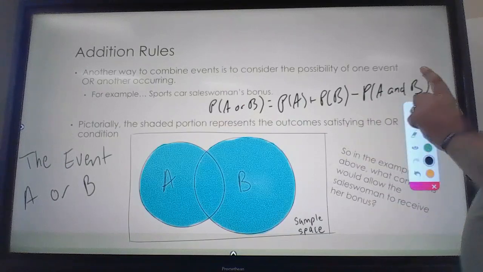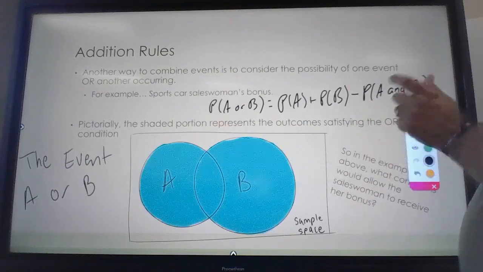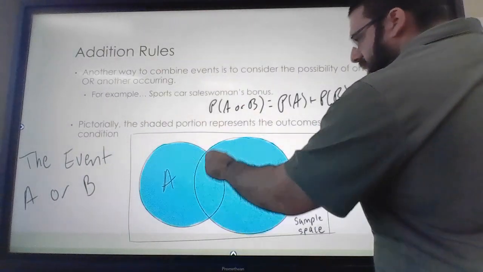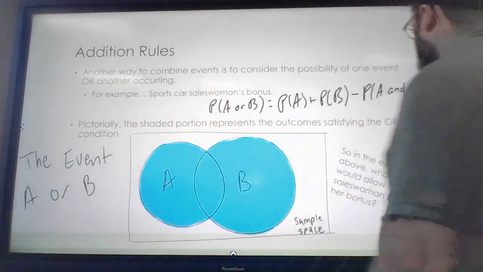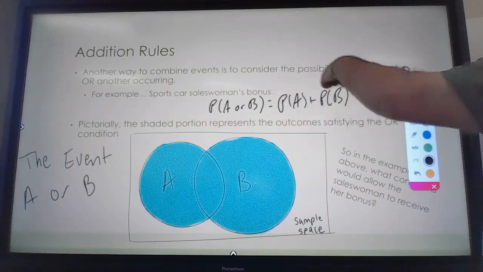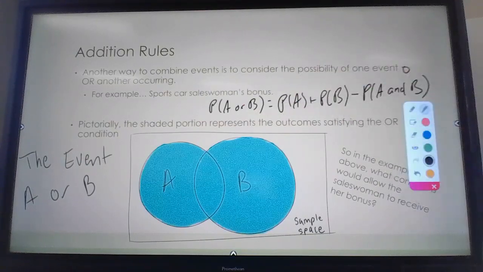Now, if the events are mutually exclusive, then this area is blank. There is no probability of A and B. That would be 0, which is why you have the simplified, the more specific addition rule.